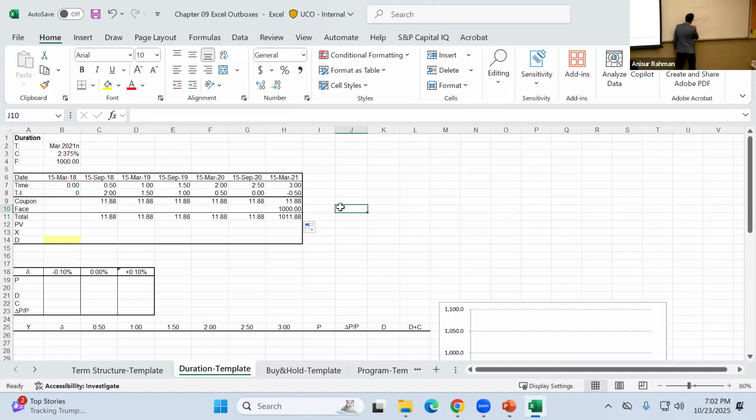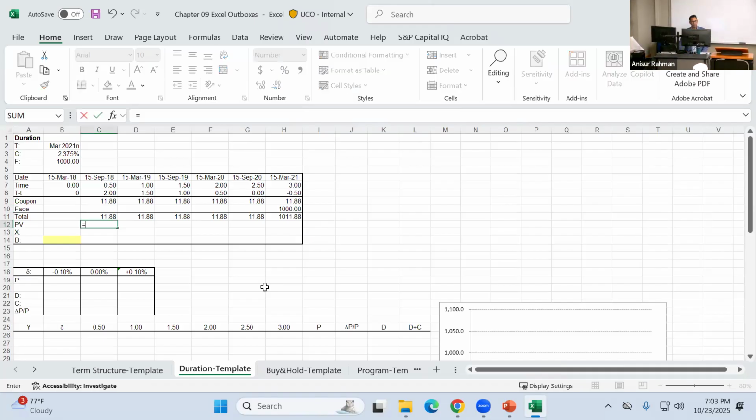So that basically means our present value will be future value divided by 1 plus r raised to the power n, which is the same thing as future value times 1 plus r raised to the power negative n. We can use a negative exponent instead of dividing.